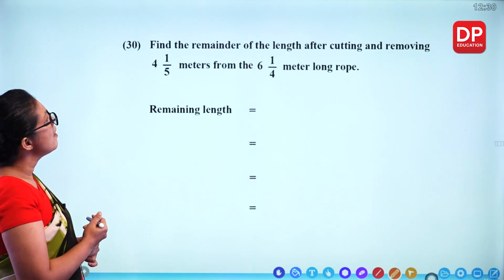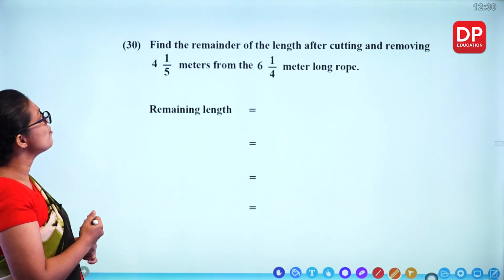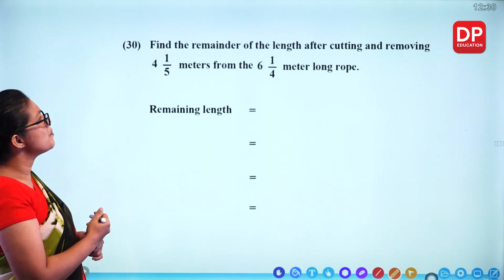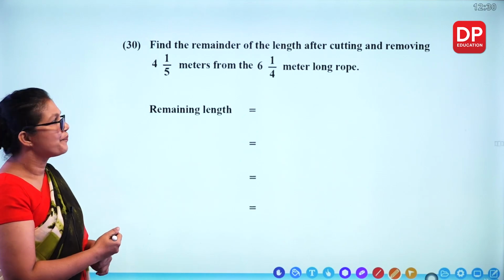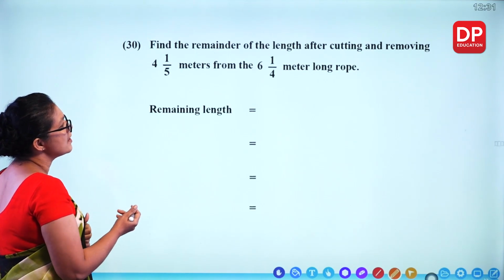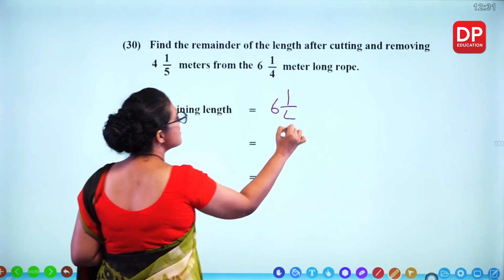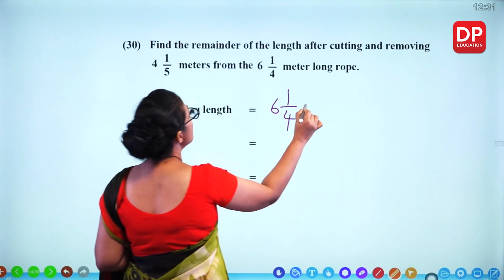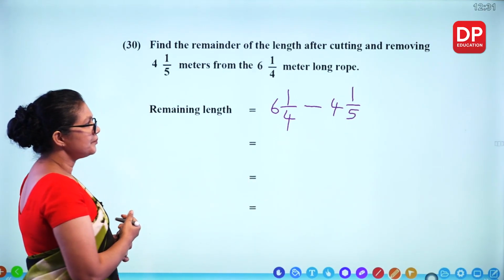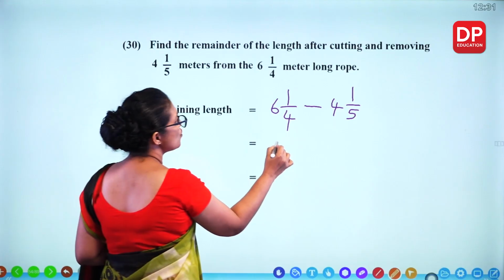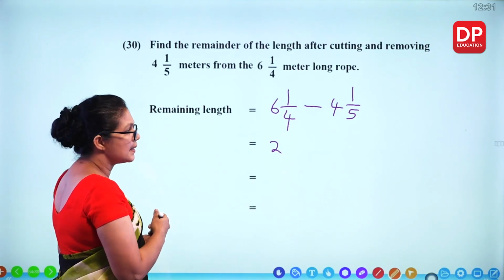Look at this one. Find the remainder of the length after cutting and removing 4 1/5 meters from the 6 1/4 meter long rope. So just the subtraction. The whole length is 6 1/4, subtract 4 1/5. 6 minus 4 is 2. For 4 and 5, what's the lowest common multiple?